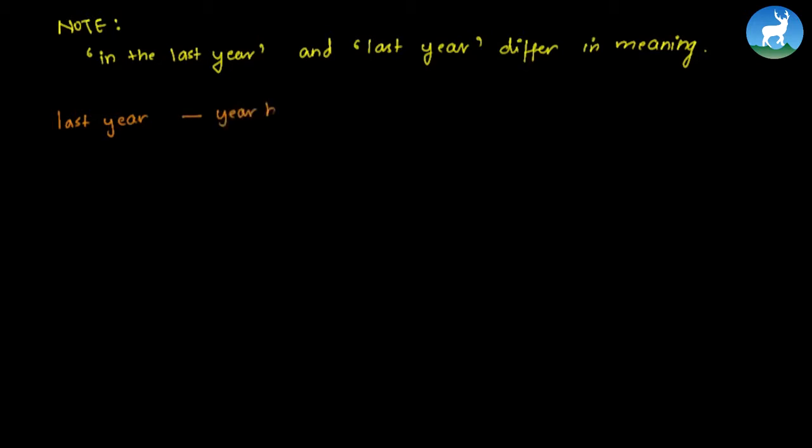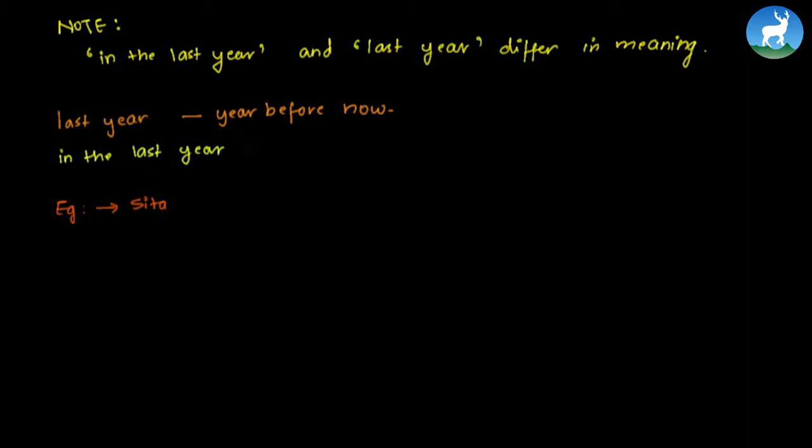If we are in 2016, last year means 2015. However, "in the last year" means a year ago until now. It does not mean the immediate last year. It just means a year ago until now.